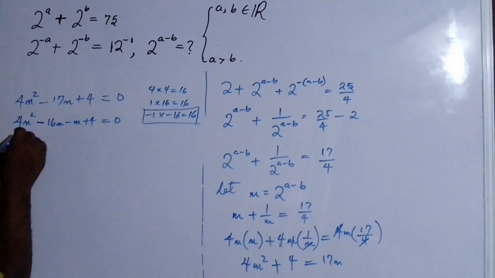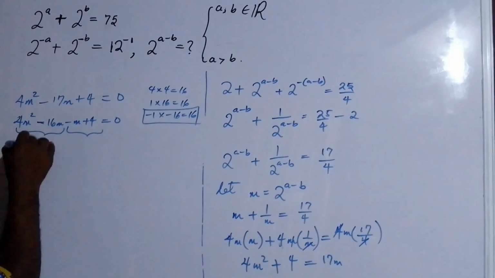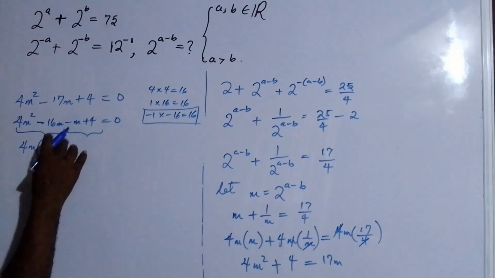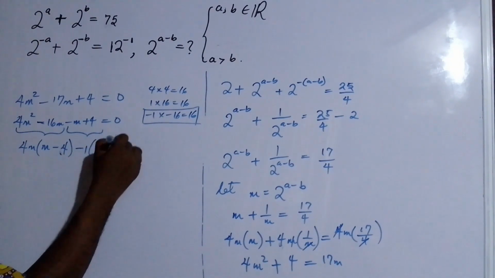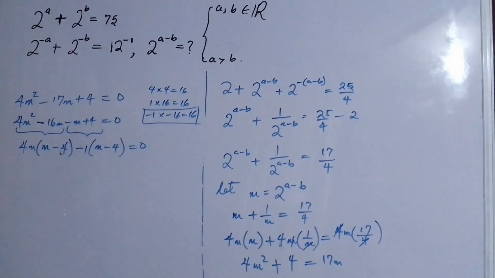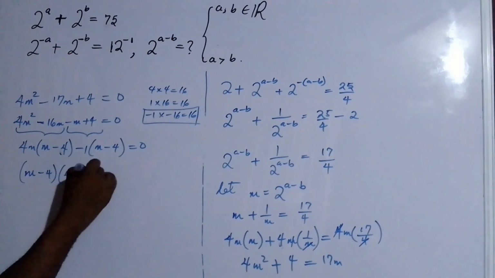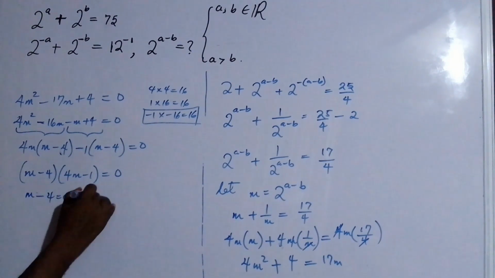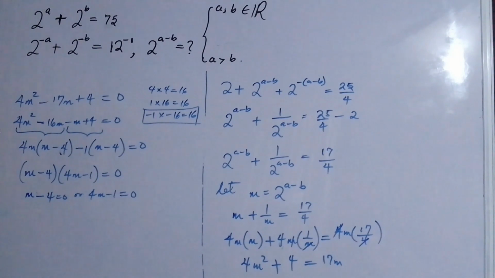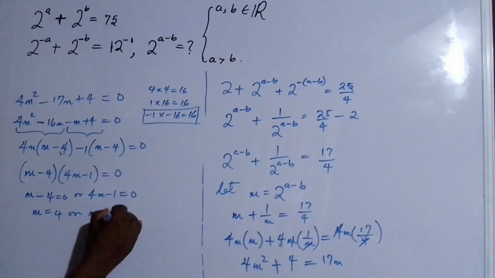If I group this and this together, I'm going to have 4m(m minus 4) minus 1 times (m minus 4) equal to 0. So here I have (m minus 4)(4m minus 1) equal to 0. So m minus 4 equal to 0, or 4m minus 1 equal to 0. This gives me m equal to 4, or m equal to 1 over 4.